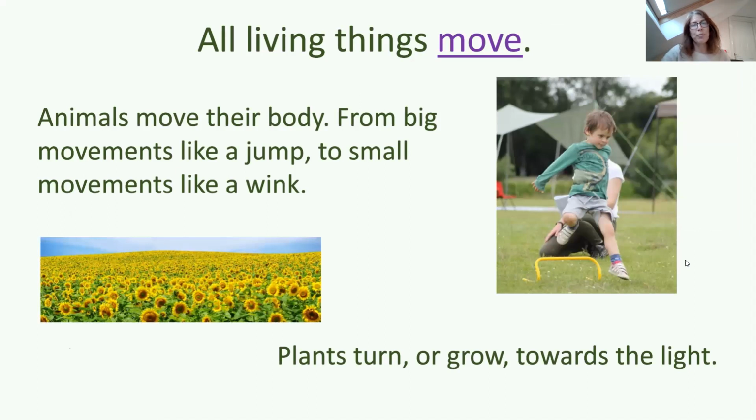As I said already, the M stands for to move. Animals move their body from big movements like a jump to small movements like a wink. Plants will turn or grow towards the light so they can move as well.